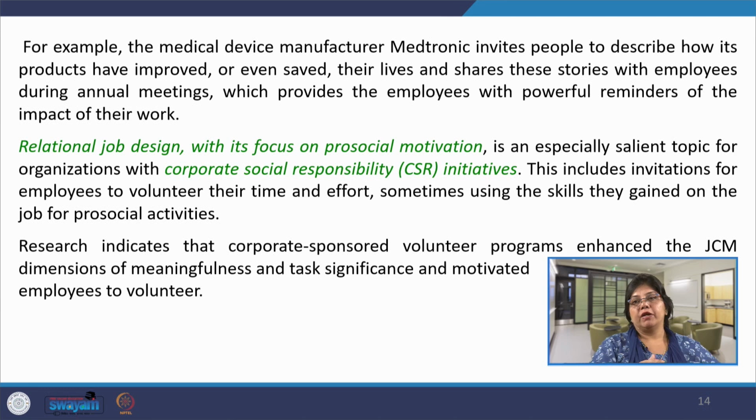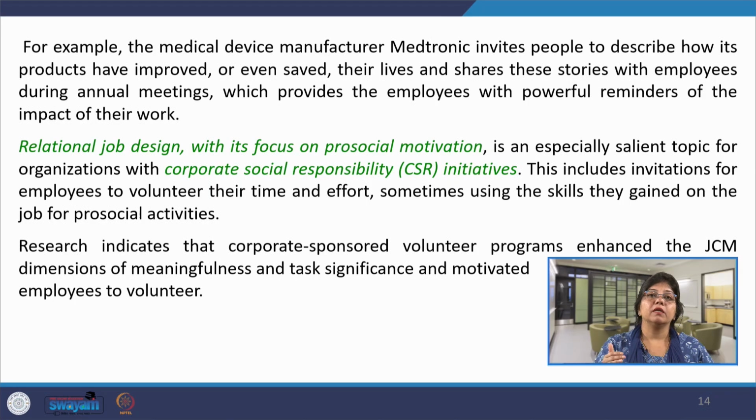So, ultimately when we started our discussion with the job characteristics model, we are ending up with the same dimensions, but with the trajectory of the changes involved in the whole process, not only in terms of core job dimensions, but in terms of job redesigning, strategies, and phases that every job redesign has to undergo. So, we are coming back to the same discussion in terms of dimensions of meaningfulness, task significance and motivation to volunteer.